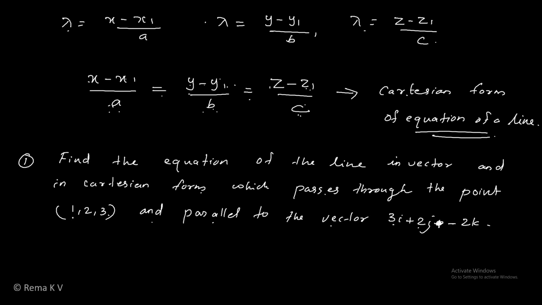See, always remember this one. This is to be taken as vector A. Vector A can be written as i plus 2j plus 3k, the point given to us. Or you can write x1, y1, z1 is equal to 1, 2, 3.